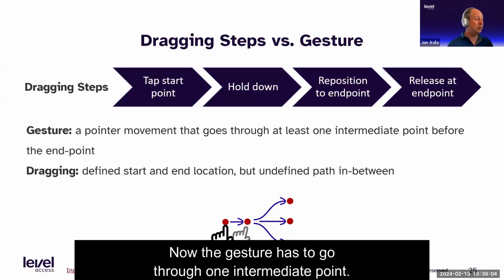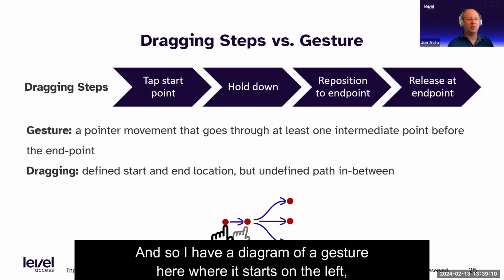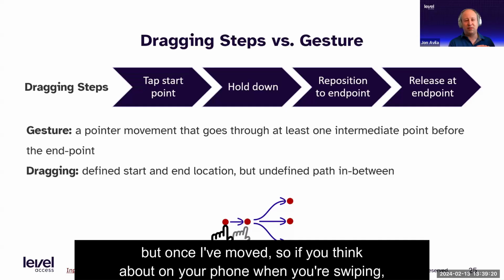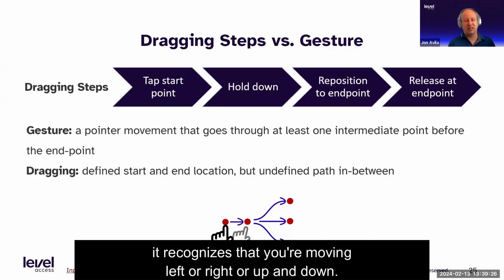Now, the gesture has to go through one intermediate point. I have a diagram of a gesture here where it starts on the left, it moves to the right, and then I can still move up or down. If you think about your phone when you're swiping, it recognizes that you're moving left or right or up and down.